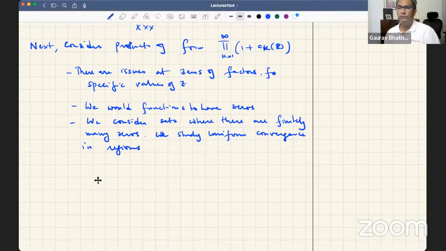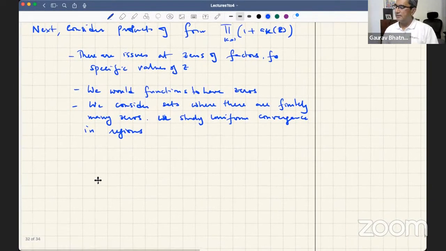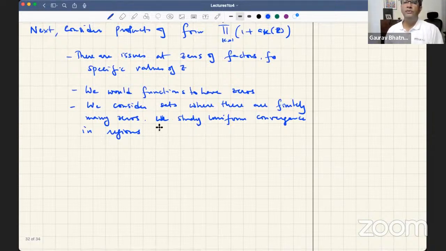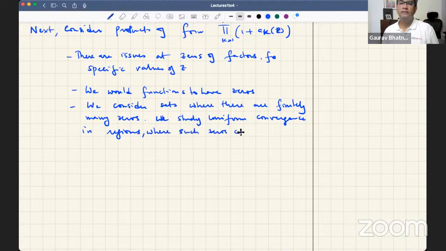Region means, as usual, open connected sets where we do complex analysis. So where such zeros can be deleted, and then later we can put them back. That is, the theory basically works out very beautifully if you remove the zeros.